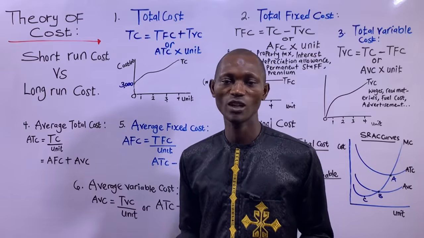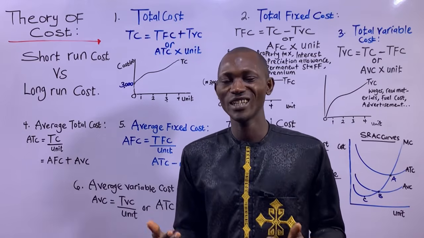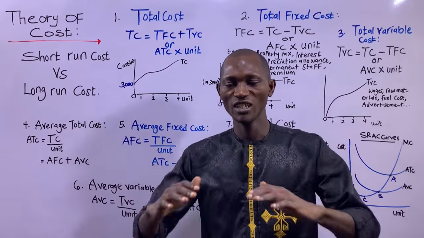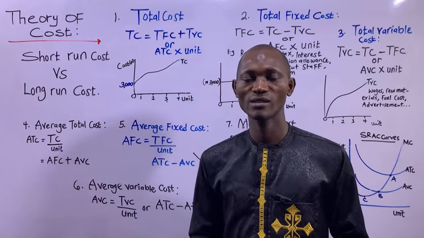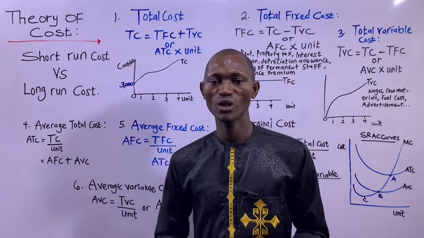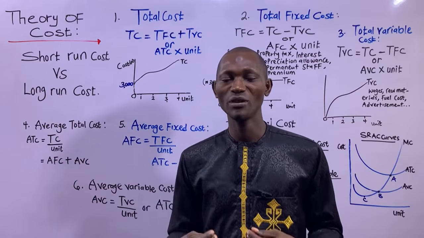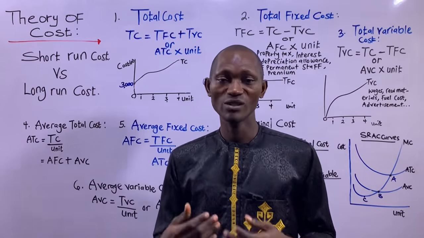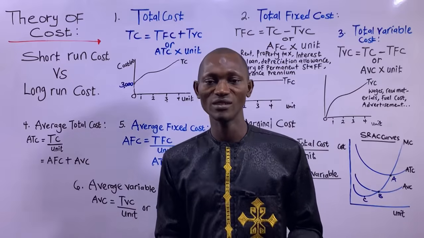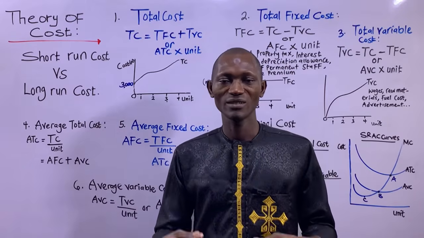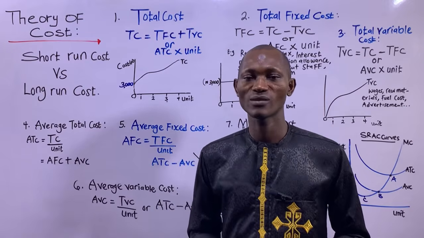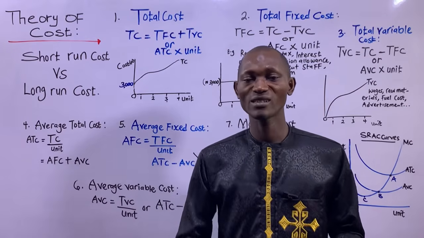And with respect to the economists, they tend to see costs in a broader view. So they view cost as both explicit and implicit costs. And implicit costs are basically the resources that are introduced into the business by the owner of the business itself. That means the imputed resources of the owner of the business into the business.